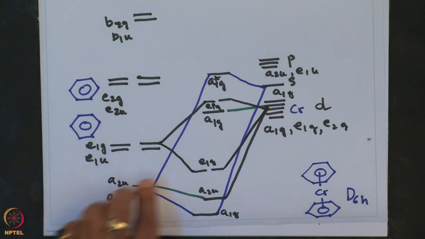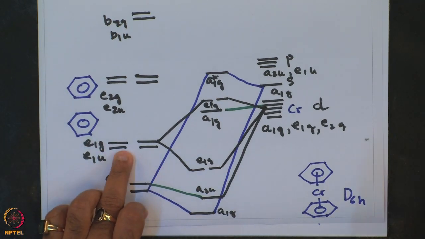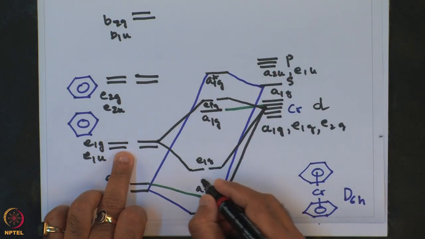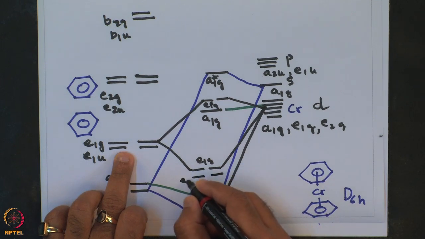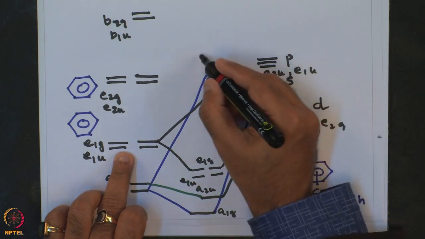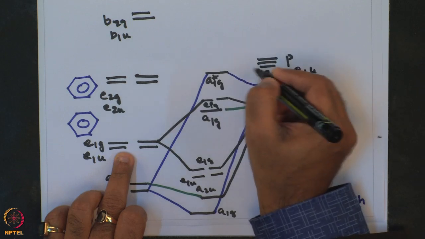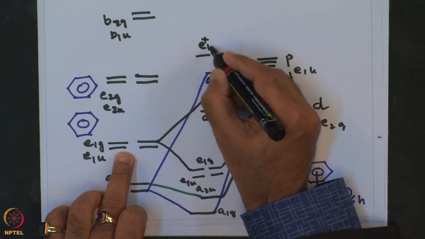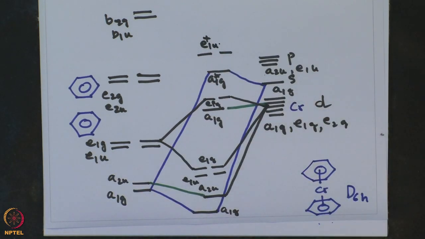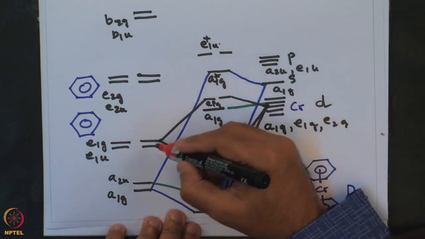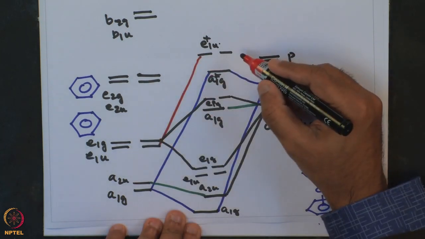And E1u of the benzene interacts with E1u of the p orbital, and the corresponding antibonding E1u star is shown over here.